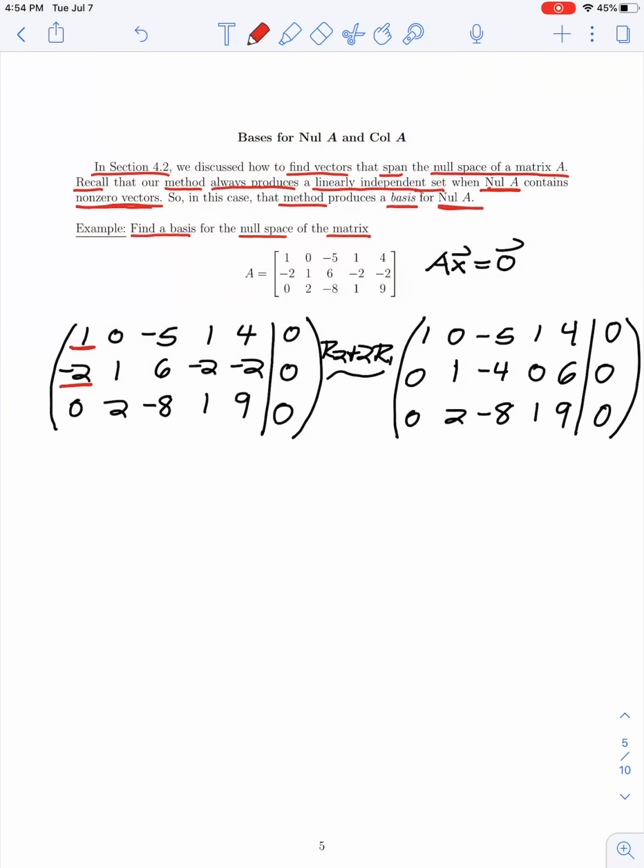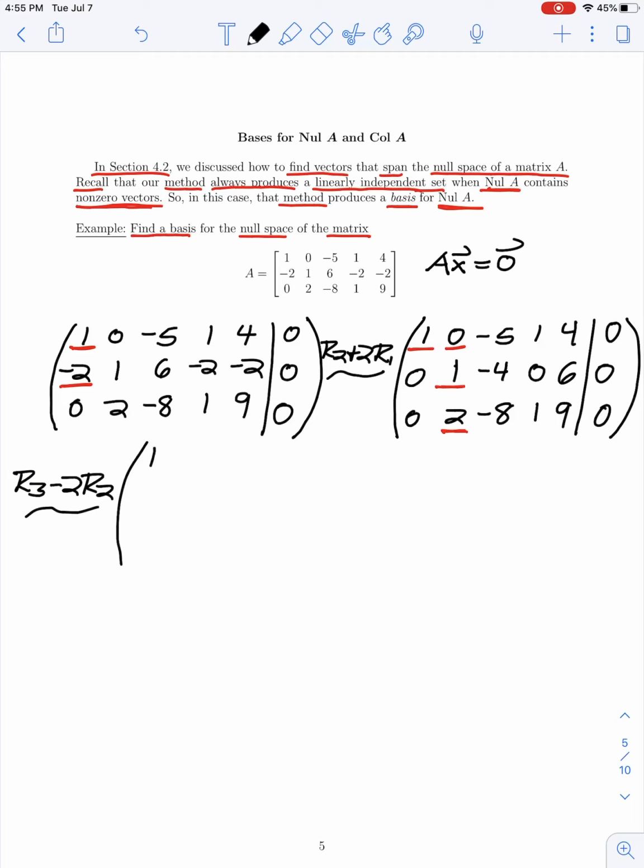So now I have a leading 1 in my first row with zeros below it. I have a leading 1 in my second row with a 0 above it, and I'm going to use that 1 to kill off the 2 that appears in the third row by taking row 3 minus 2 times row 2.